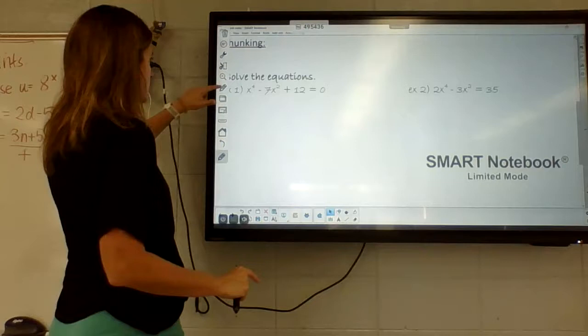So looking at example 1, maybe you did this a little bit in Algebra 2, I don't know, but we've not very often factored something with an x to the 4th. But here's a quick tip.